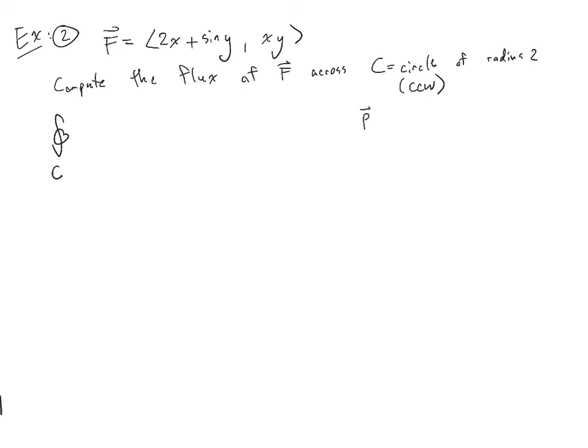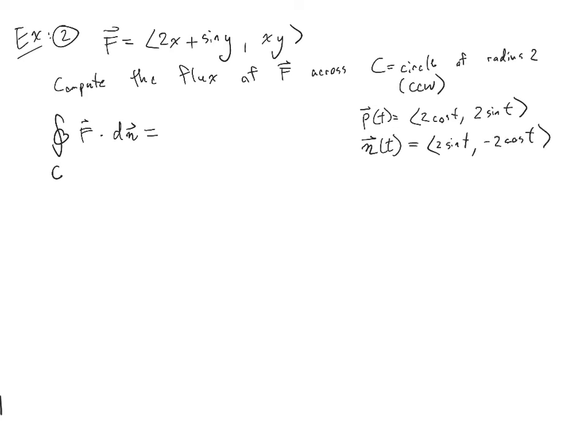So I could let p of t equal 2 cosine t, 2 sine t, and then f dot dn looks like, what's n? N of t is 2 sine t, comma, minus 2 cosine t. And t here is 0 to 2 pi.